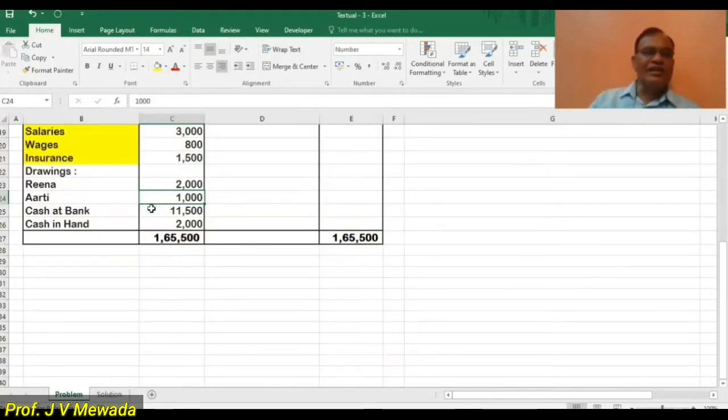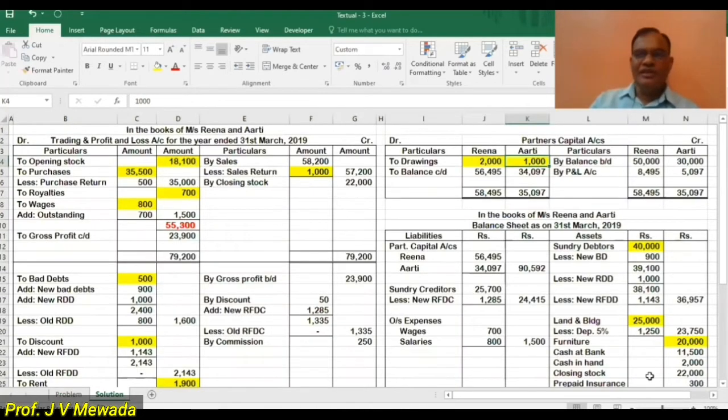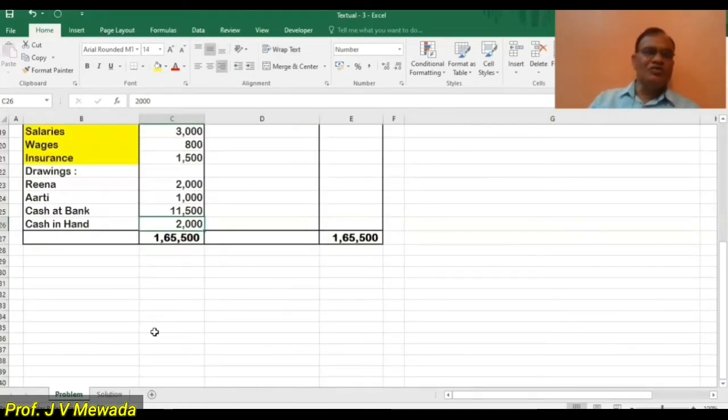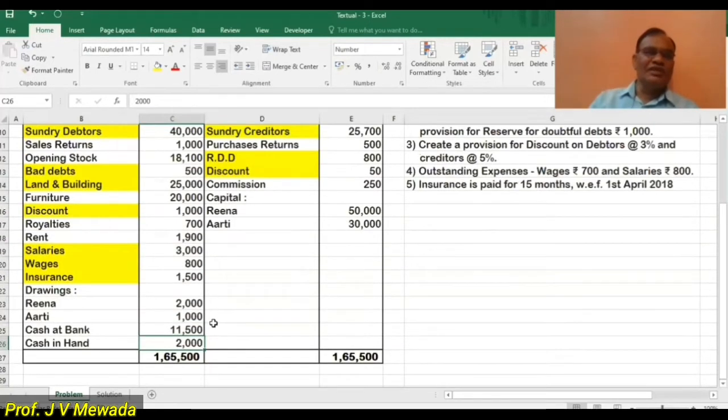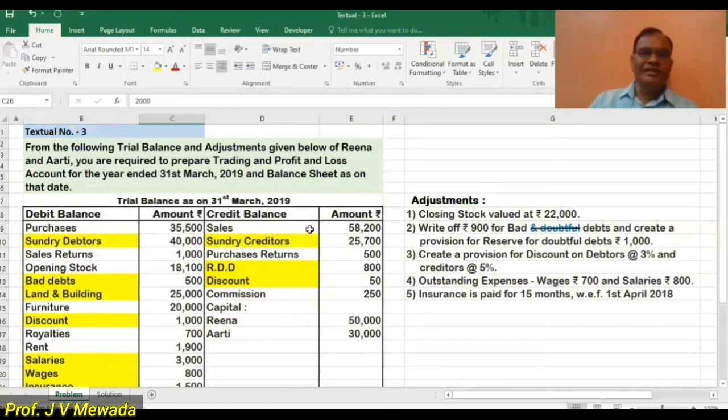Then cash at bank and cash in hand, both are transferred on the asset side. Cash at bank, that is 11,500 and cash in hand is 2,000. Now the debit side is over. There is no secret adjustment. Now we'll see the credit side.